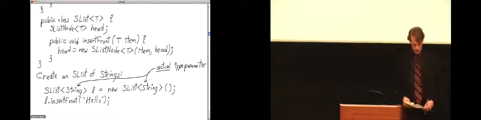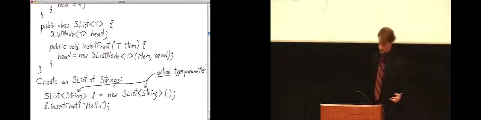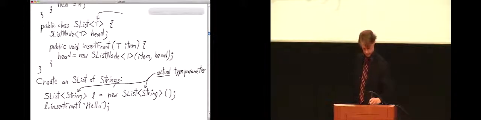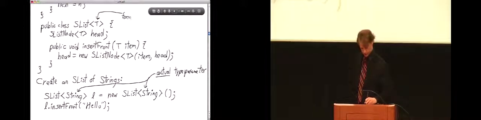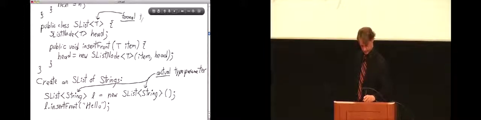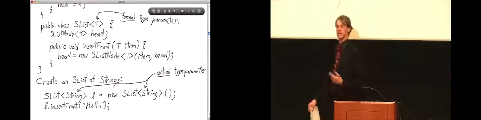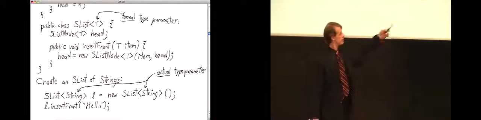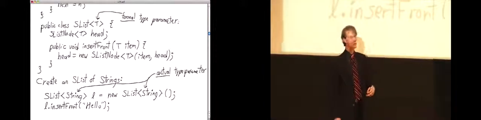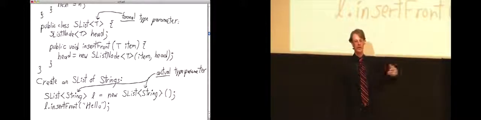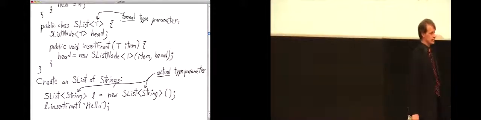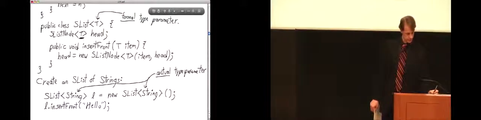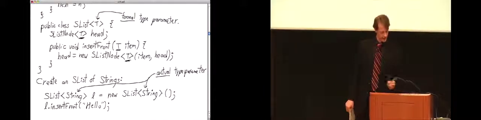But that's the actual parameter. And of course, the formal parameter is here in the S-list class. So what's happening when we actually construct an S-list or declare an S-list variable is that now we are substituting the actual type parameter for the formal type parameter in the S-list class. And so all of these T's magically turn into string.